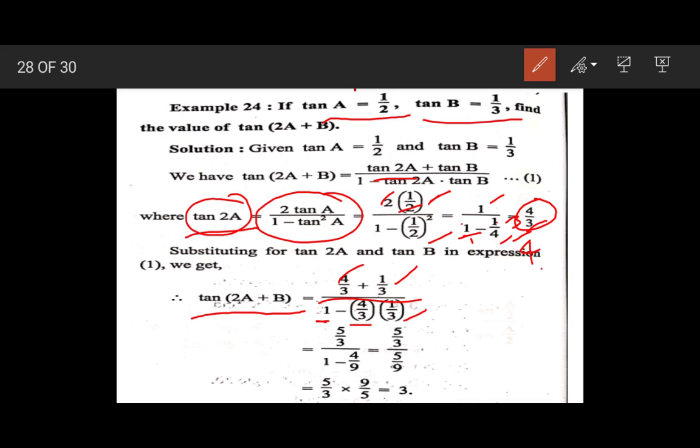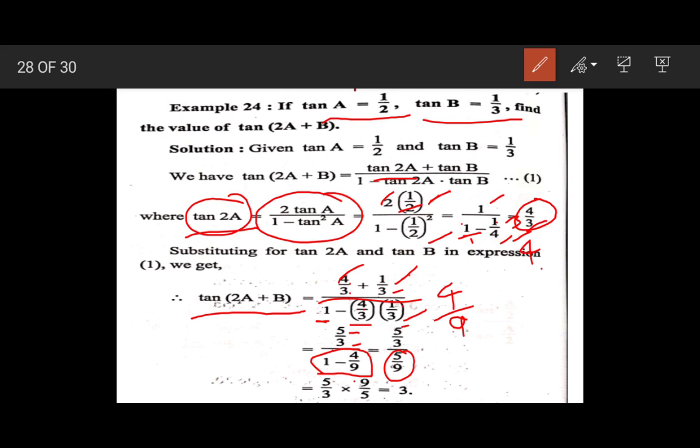Now the numerator denominators are the same, so we can add the numerators: 4 plus 1 is 5 upon 3. Now do the multiplication: 4 into 1 is 4 and 3 into 3 is 9. So the denominator is 1 minus 4 upon 9. Here do the cross multiplication: 9 minus 4 upon 9 means 5 upon 9.